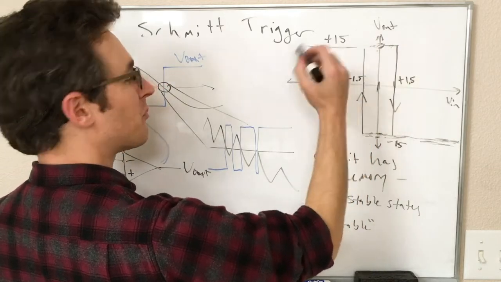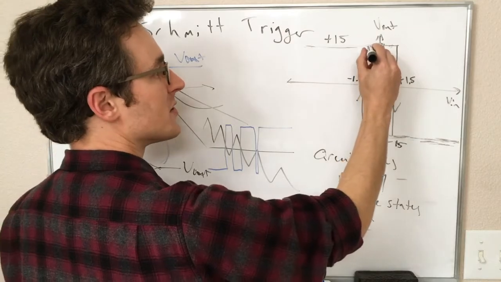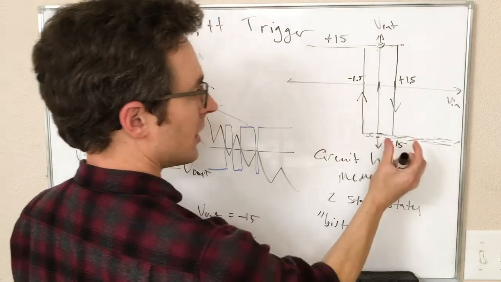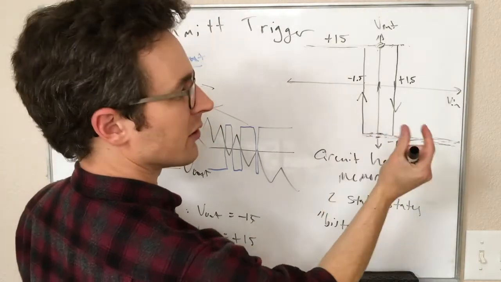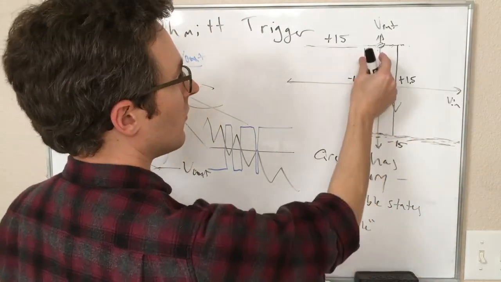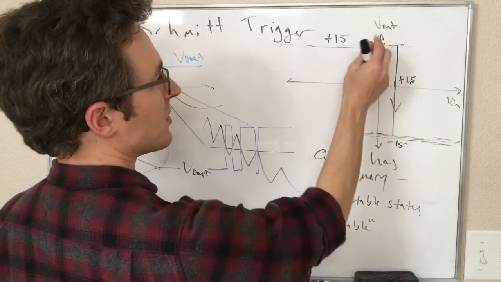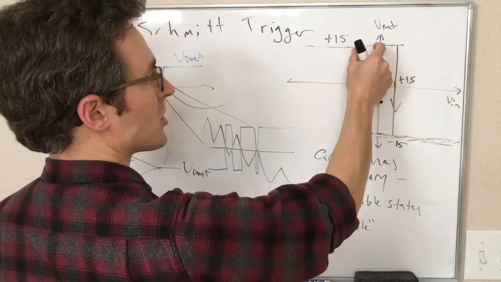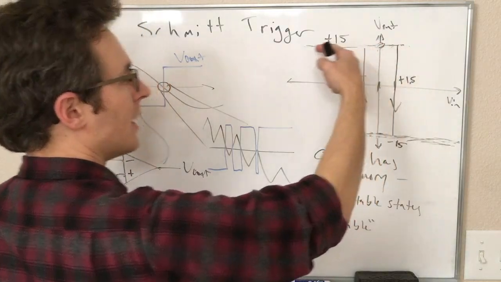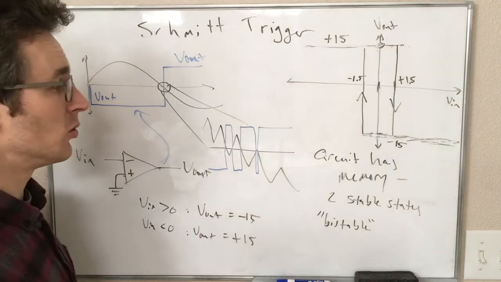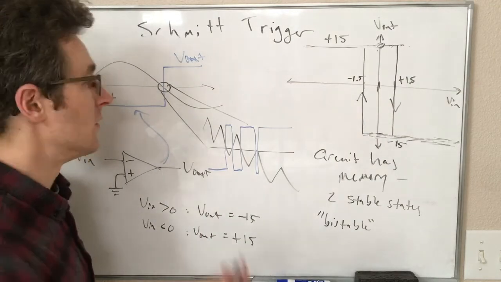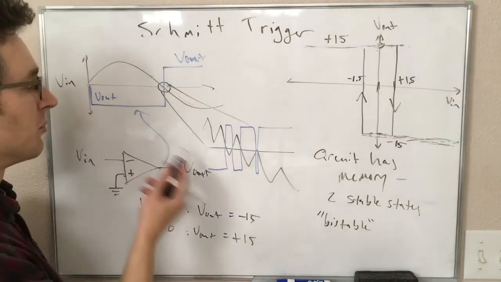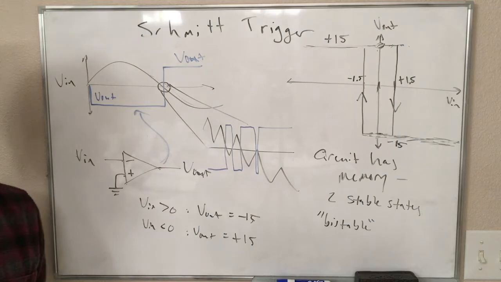In order to flip it back again, I would have to all of a sudden have a voltage all the way up here. So even if my voltage is varying over, I don't know, what is this on the graph, like 1 volt, once this switch happens, that 1 volt of variation is nowhere near enough to flip it back the other direction. And so the output of my Schmitt trigger is only going to flip once in this down process, whereas the simple comparator flipped 3 times during this process.